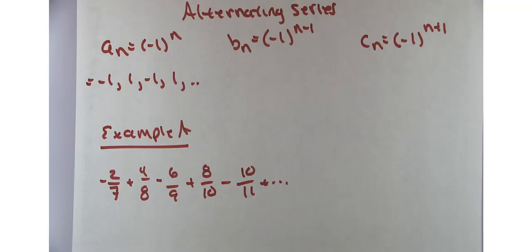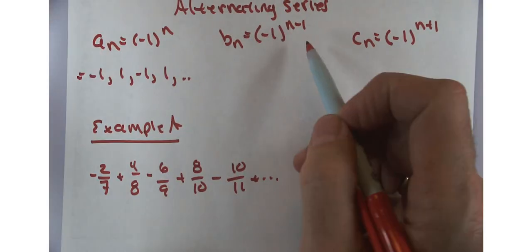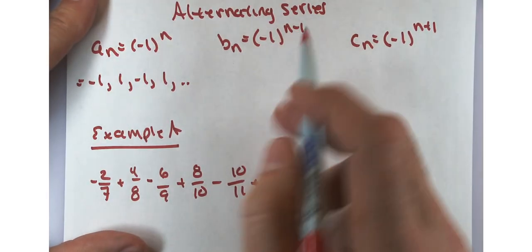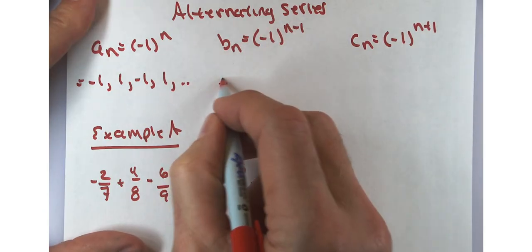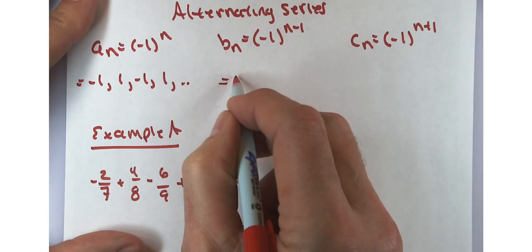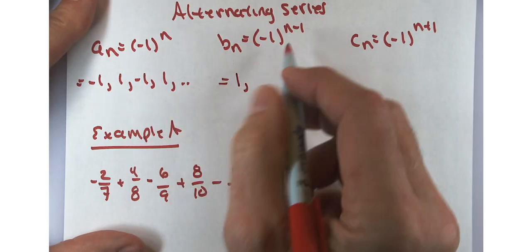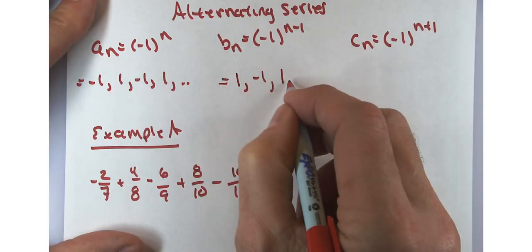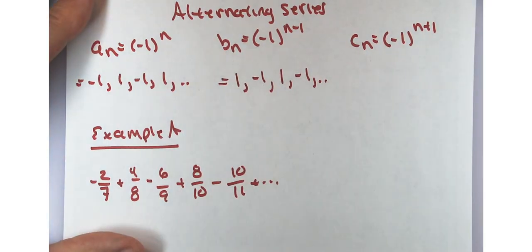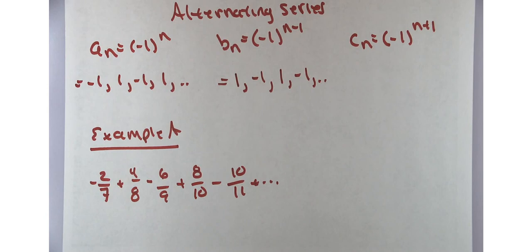What happens when we put in a 1 here? I get negative 1 to what power? 0. So negative 1 to the 0 power is 1. Then I put in a 2, and I get negative 1, and then a 3, and then a 4, etc. So it has a different alternating pattern.